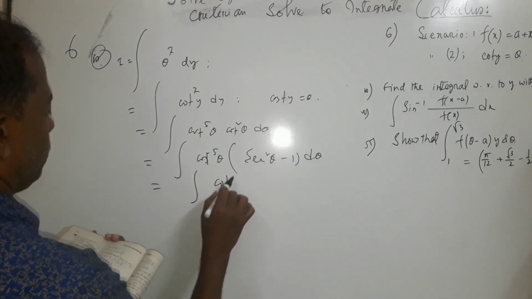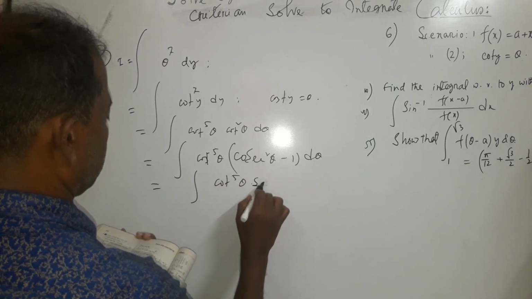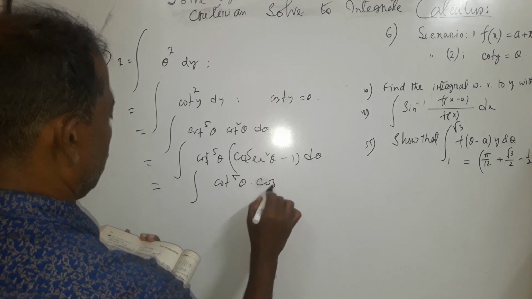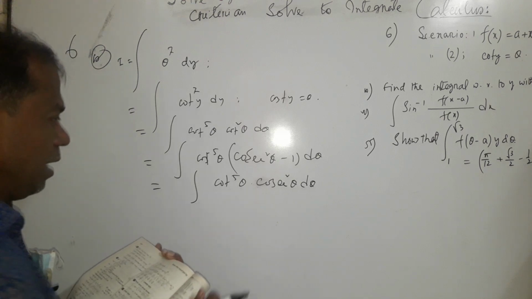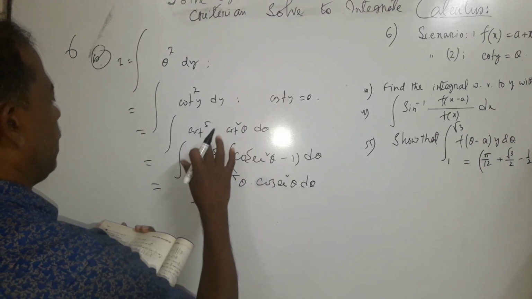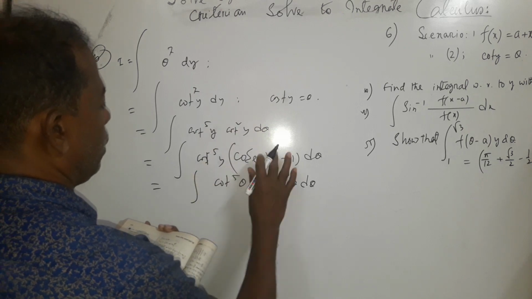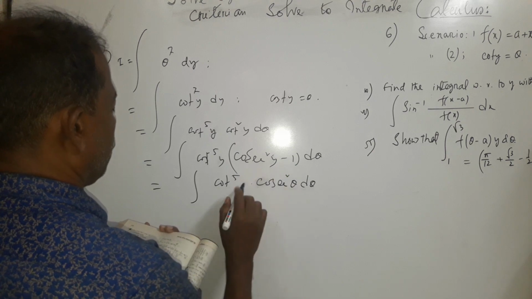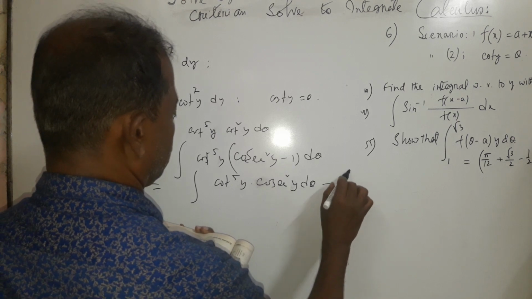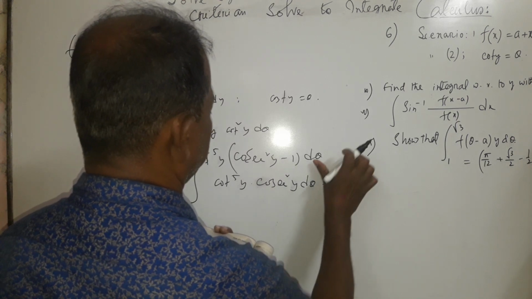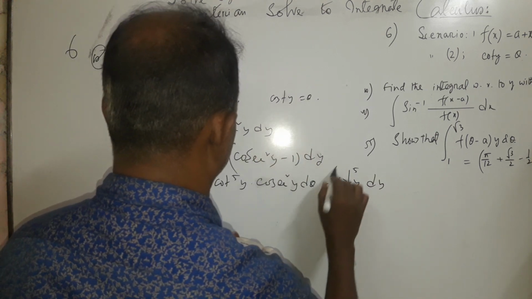So cot 5 theta into cosec square theta d theta. Cosec square theta means cosec square y, cosec square y minus 1, cosec square y minus cot y 5 theta and dy, negation.